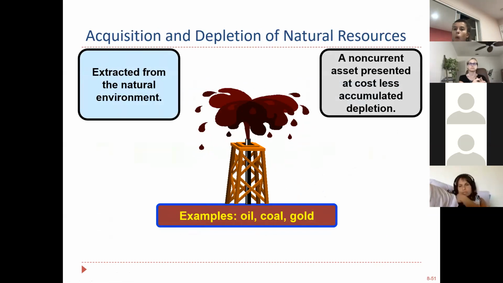Okay, now we're getting into not depreciation, depletion. Depletion means you're consuming a resource, a natural resource. I'm depleting this bottle of soda.